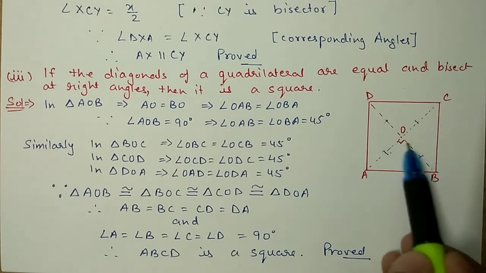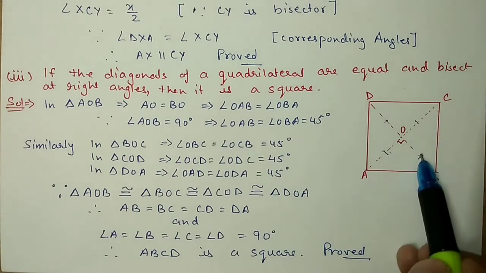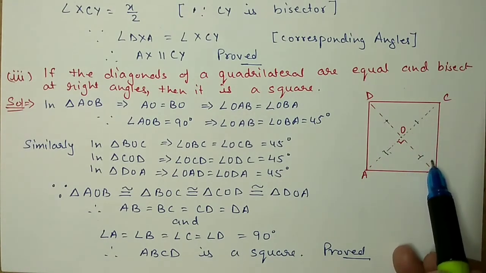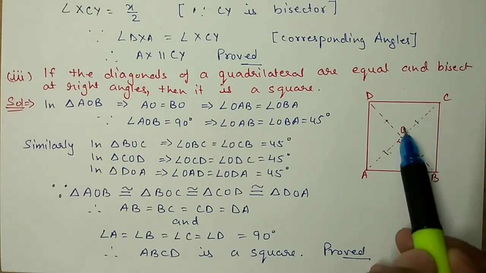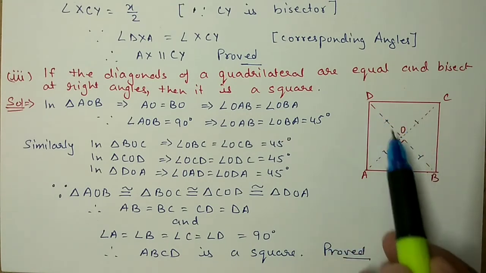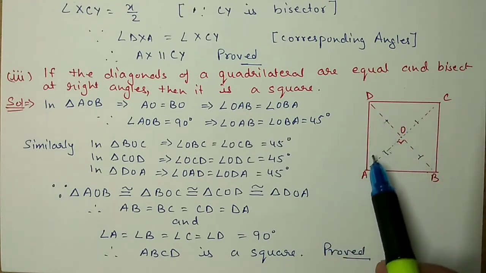Similarly, the same thing we will do in this triangle also, these two sides are equal. This angle is 90 degrees, so the rest two angles will be 45 and 45. Same here, this is 90, so this and this will be 45, and here also this and this angle will be 45.